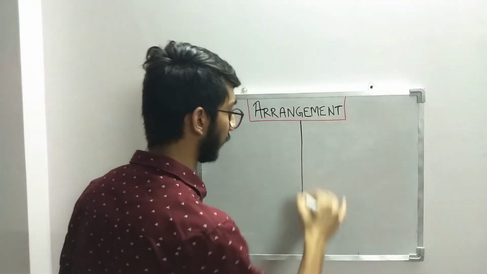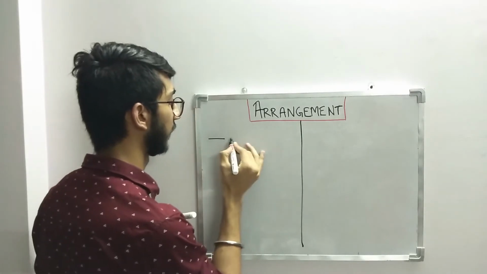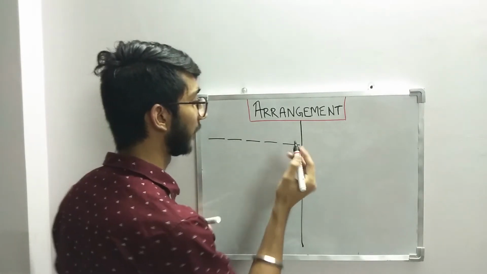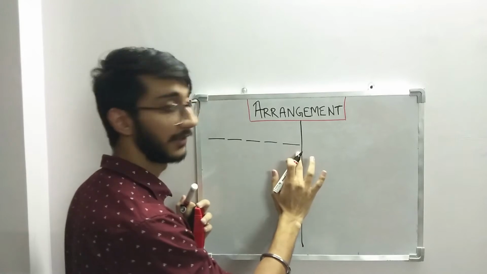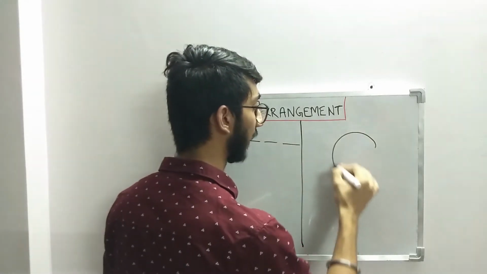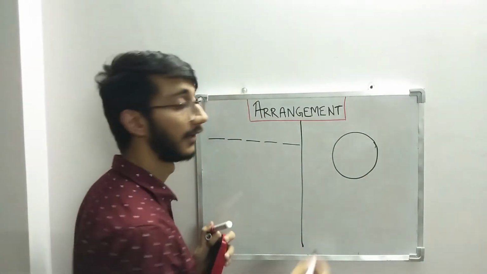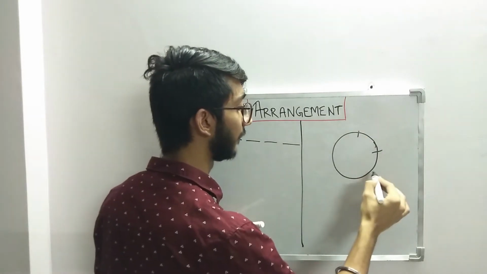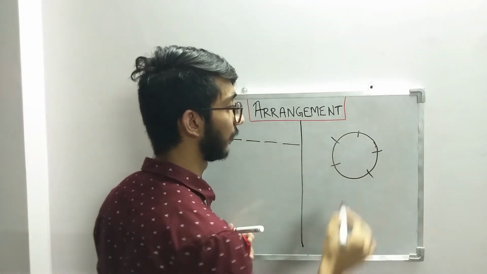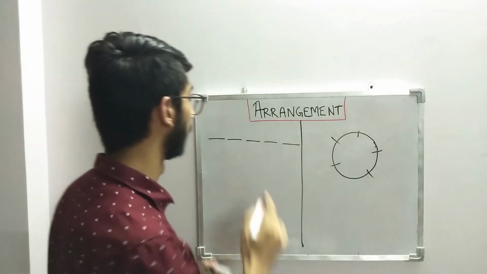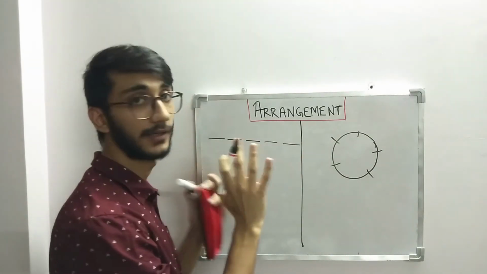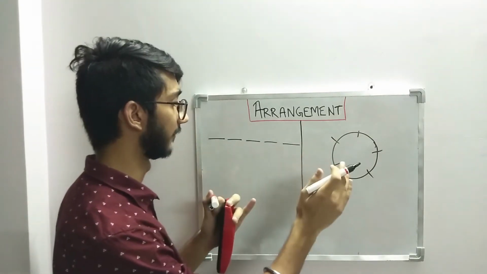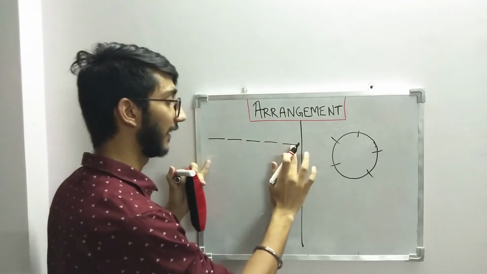If I take two cases, one is a normal case where I have five people and I have to stand them in a row, and now we have a circular table and again I have five people whom I have to seat here, right? So if I take the persons as A, B, C, D, E, A will have five choices.